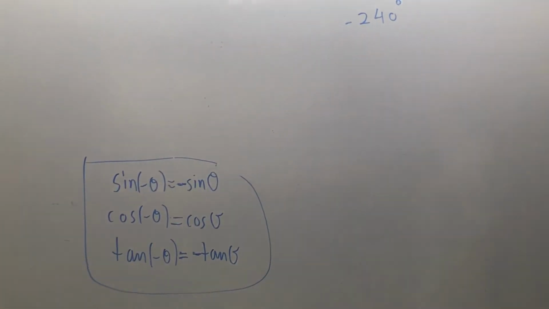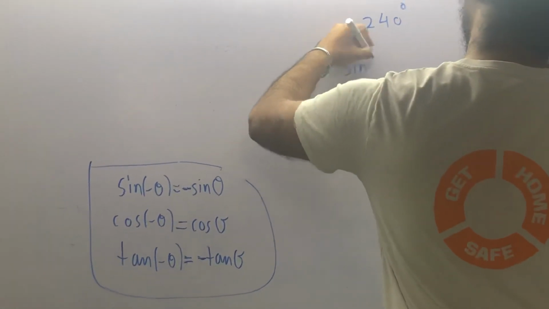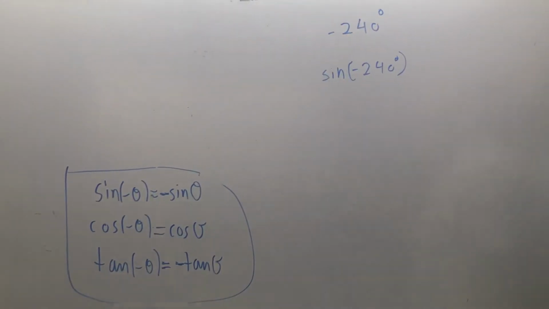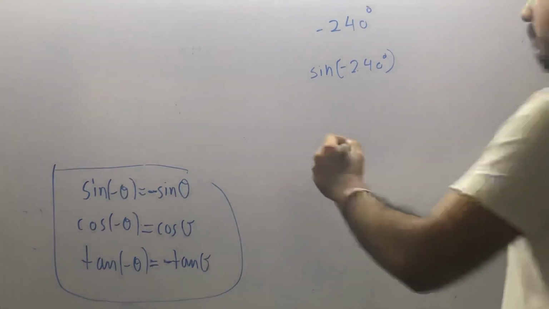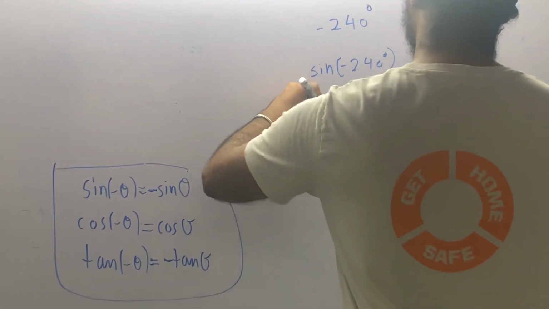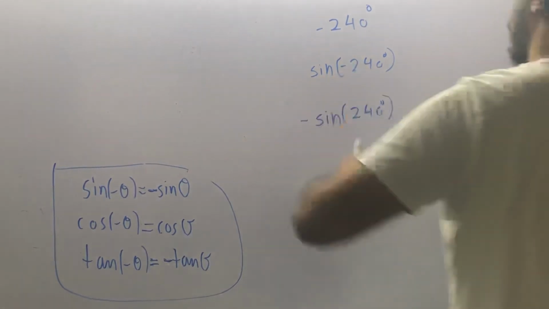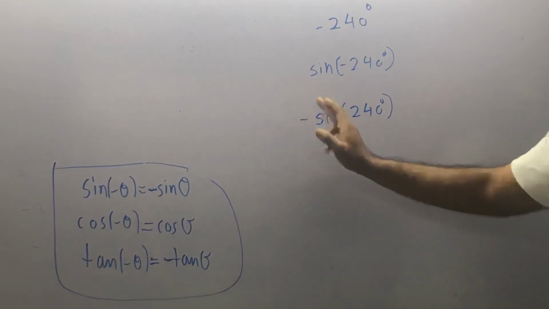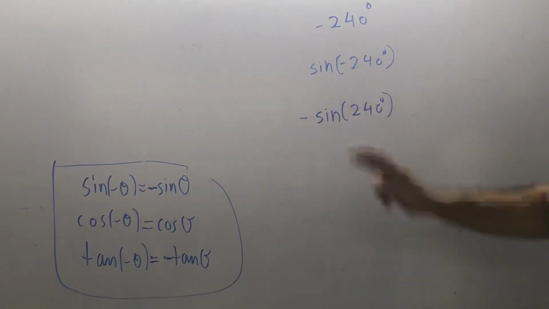Okay, so first one, sine of minus 240 degrees. First of all, what we will do with the minus sign? I will take it out. Now for the time being, forget there is this minus sign here. Just try and solve the sine 240 value.